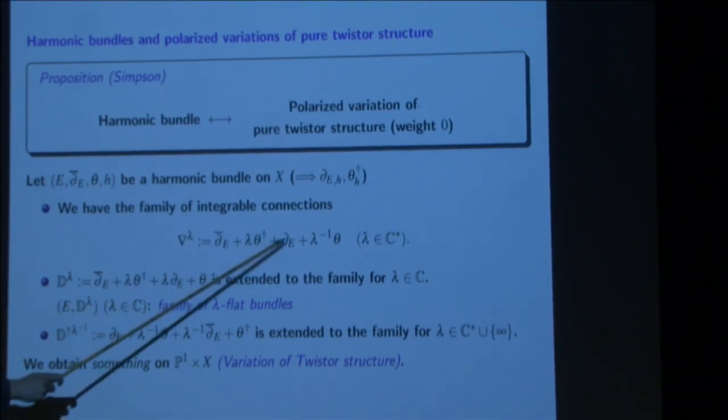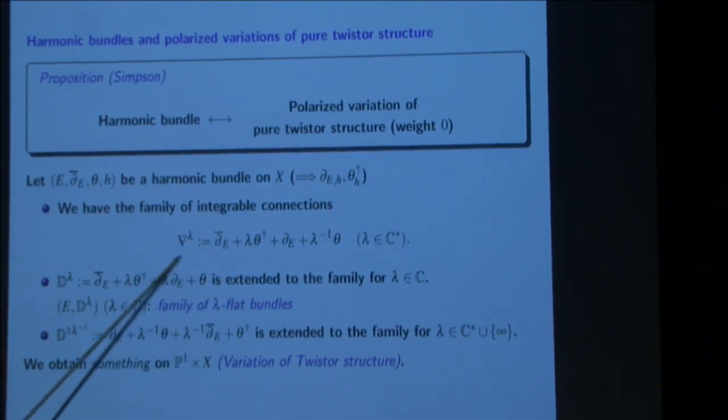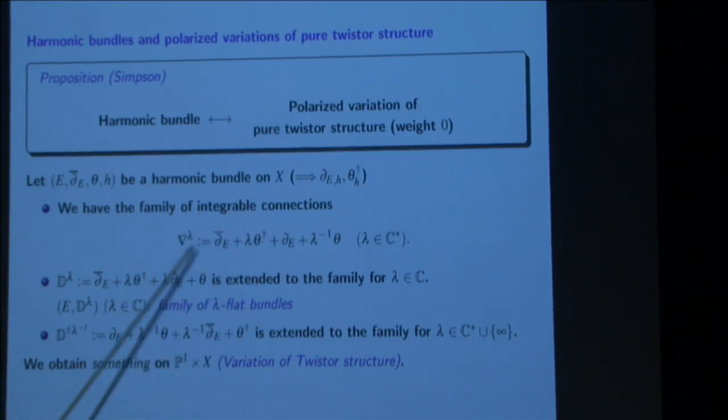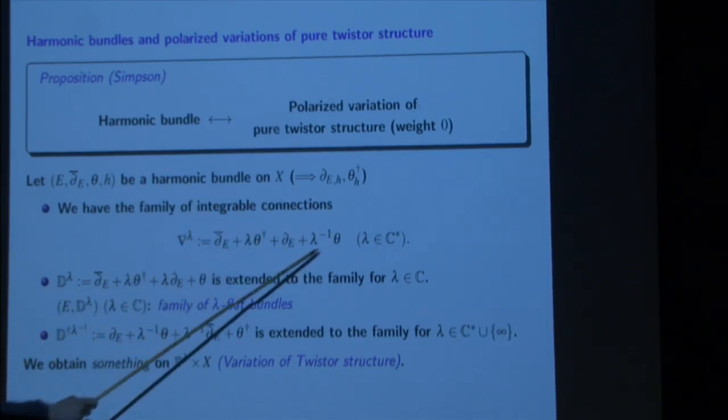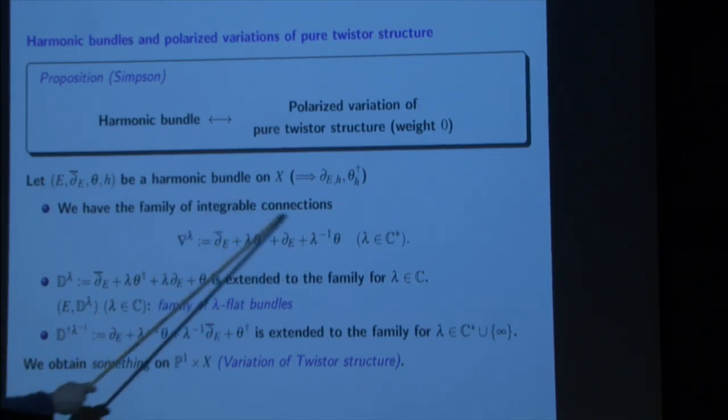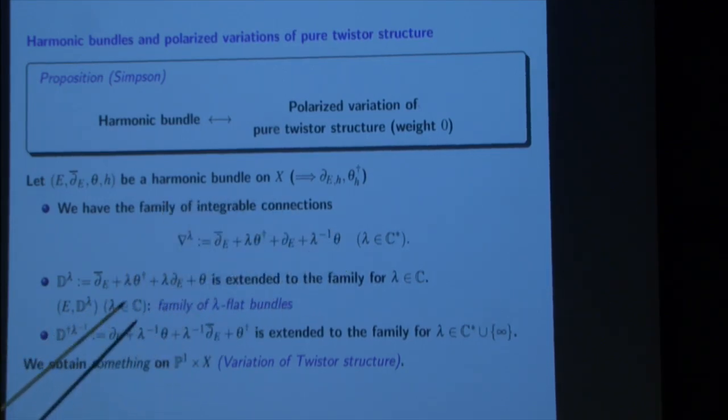If λ equals 1, this is an integrable connection by the definition of harmonic bundles. And for non-zero λ, this also gives an integrable connection. And we cannot extend this family of integrable connections across λ equals 0 or λ equals infinity, at least naively, as a family of integrable connections in general.